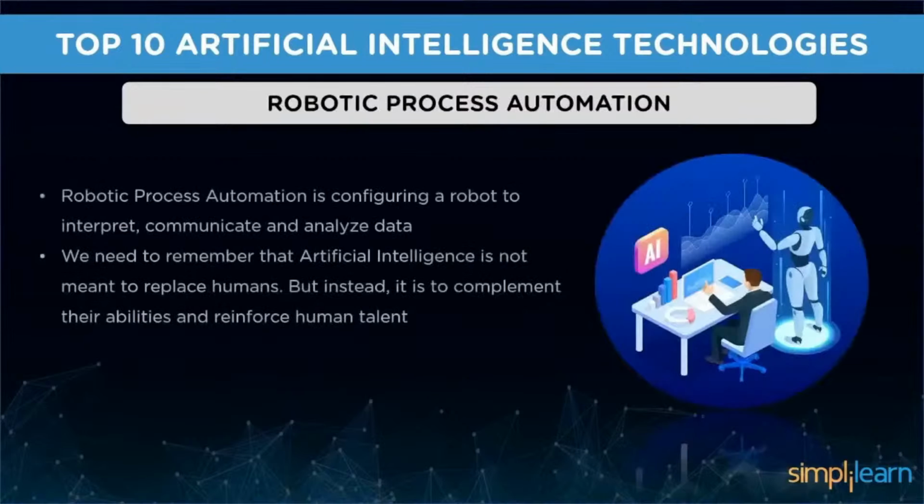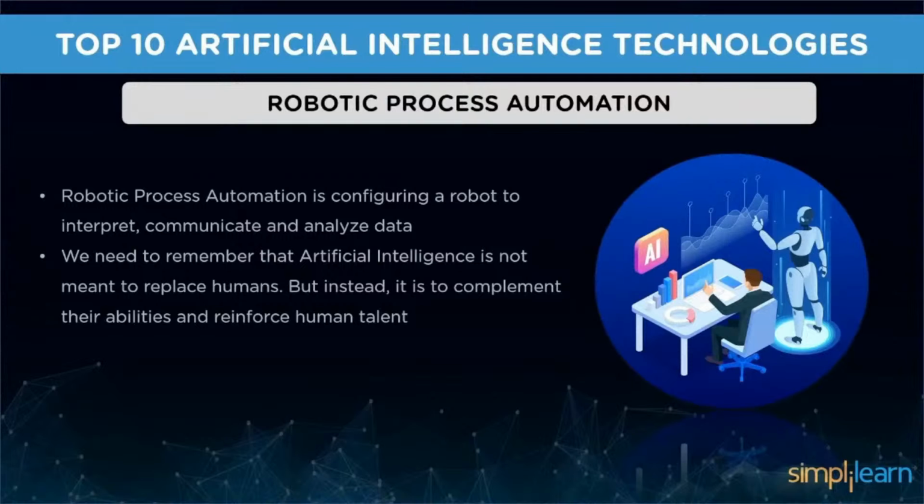Robotic process automation. Configuring a robot to interpret, communicate, and analyze data is robotic process automation. It uses scripts and other methods to automate the human actions, which in turn supports efficient business processes. Robotic process automation is widely used in those areas where the physical presence of a human is dangerous.